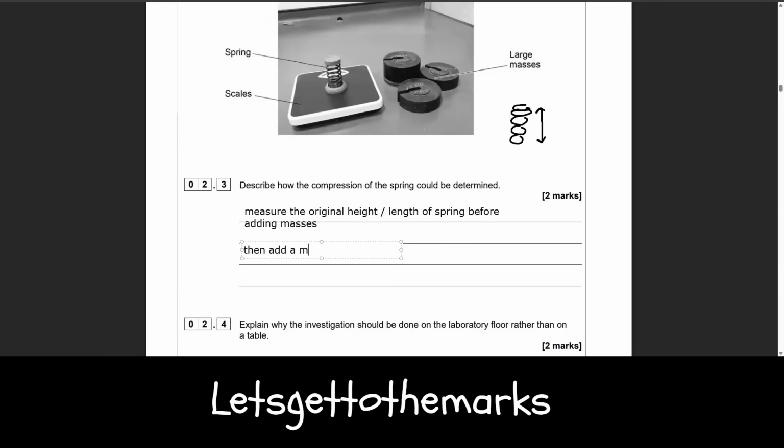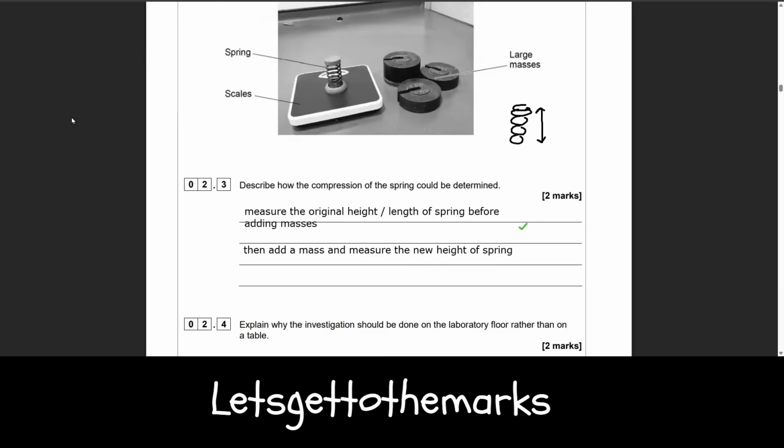Then add a mass and measure the new height of the spring. This is going to get you a mark: measure the spring before and after adding the weight. However, this is not all of the marks.